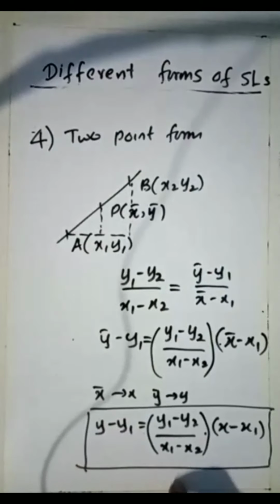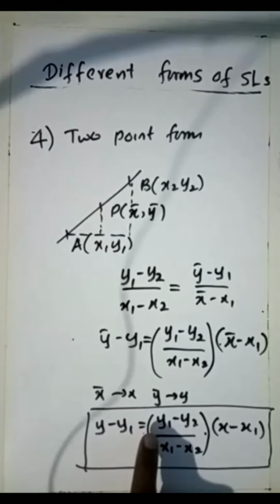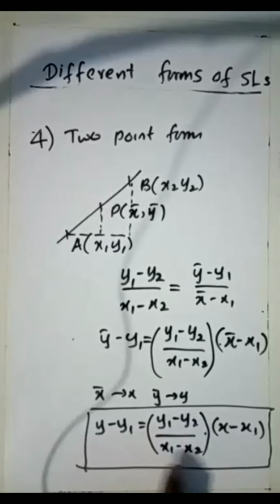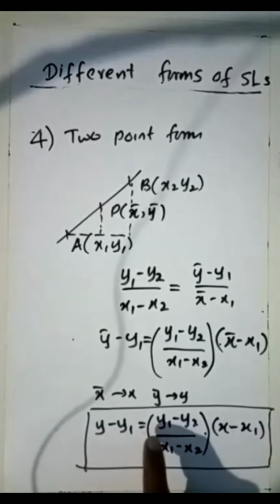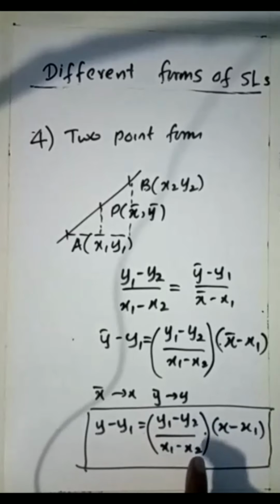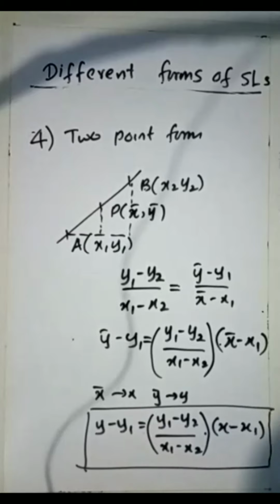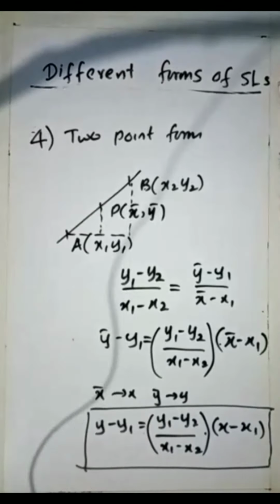The final answer is this. Here this can be (y1 minus y2) over (x1 minus x2), as well as (y1 minus y2) over (x2 minus x1). That's both possible. Time's enough.